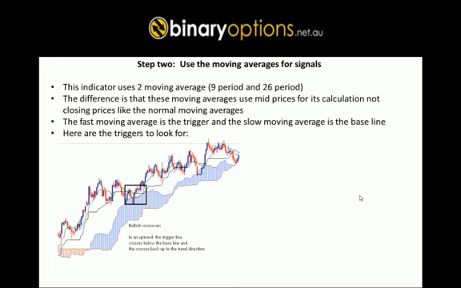Now, here are the triggers or setups to look for. When you have a bullish crossover, first of all, you need to be in an uptrend. So, in this case, price is trading above the cloud and the cloud is blue, and then price retraces back, and you can see that in this case the black line is the baseline or the 26 period moving average, and the green moving average is the trigger or the 9 period moving average.